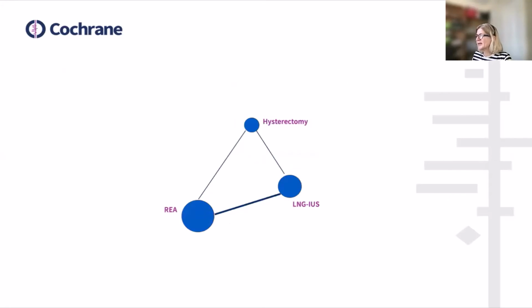So, this loop includes direct and indirect comparisons between 3 interventions: resectoscopic endometrial ablation, or REA, progesterone-releasing intrauterine systems, LNG-IUS, and hysterectomy.